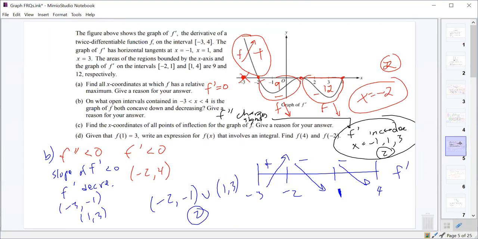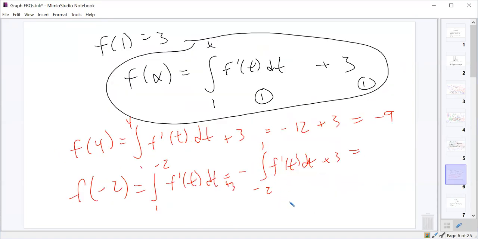From negative 2 to 1, that's 9, but it's a negative 9 because it's below the x-axis. And it's a negative of negative 9 and then plus 3. So that one should be 12. Any issues there with either of those? That was worth 3 points. So like I said, 1, 2, and then 3 for getting the correct final answer there.